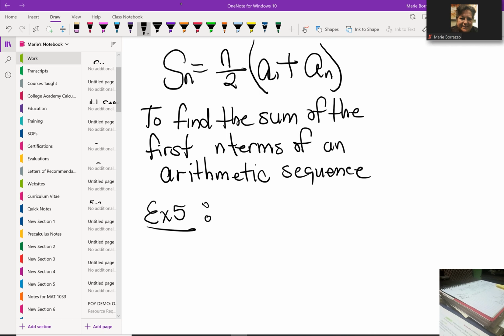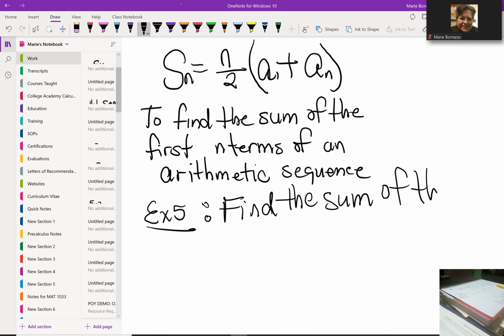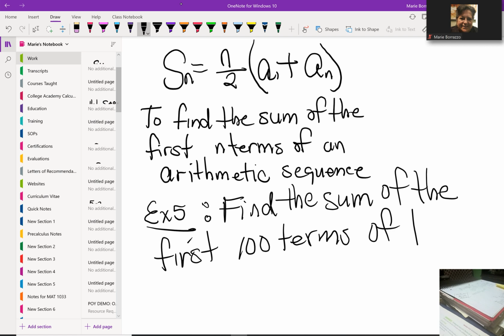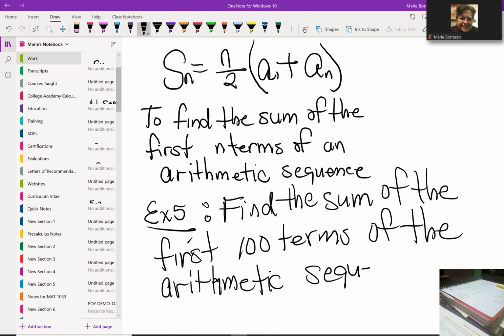Example 5 is asking us, as a question stem, to find the sum of the first 100 terms of the arithmetic sequence 1, 3, 5, 7.